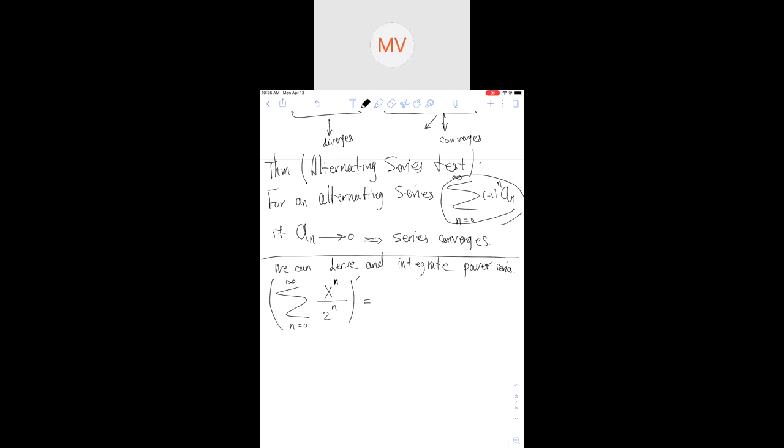Well, first of all, the derivative is with respect to x, because remember, this is a function of x. So it's d over dx of the summation of x to the n over 2 to the n, starting from 0 to infinity. Well, you do this term-wise, meaning you can push the derivative inside and put it right here. So it becomes the sum of d over dx of x to the n over 2 to the n, starting from 0 to infinity.